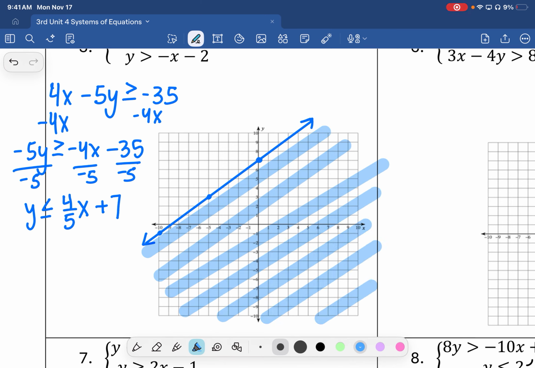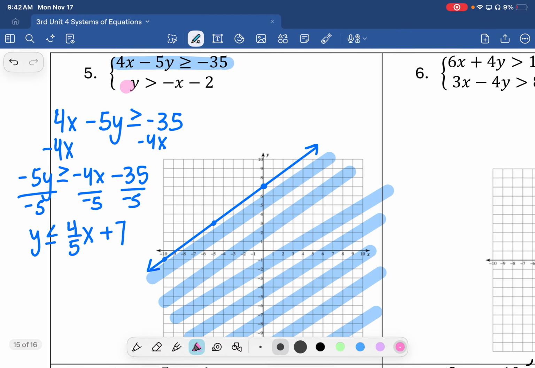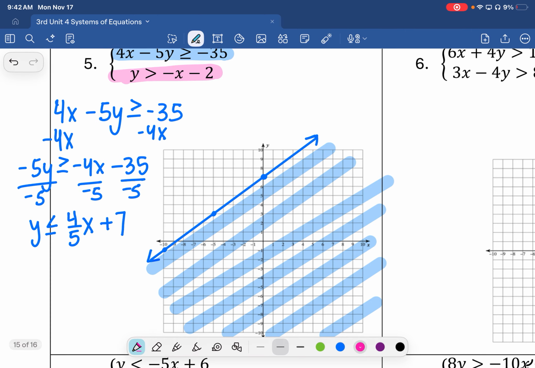All right, now from here, we're going to look at the second equation. Does the second equation need anything done to it before we start? Okay, it's good to go. What is our y-intercept? What's our slope? So we go down one, right one. Now, will that be a solid or a dashed line?